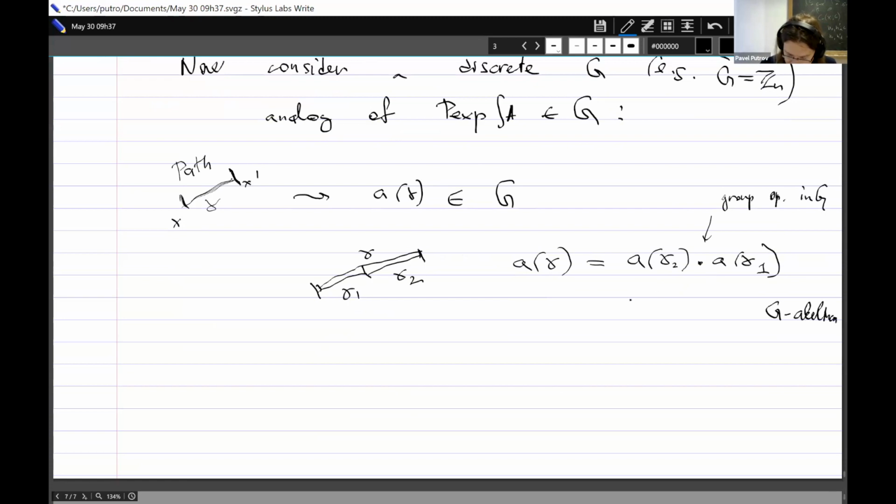For an abelian group we use the convention that the group operation is denoted by plus. The order here doesn't matter in an abelian group, so we can write it this way.